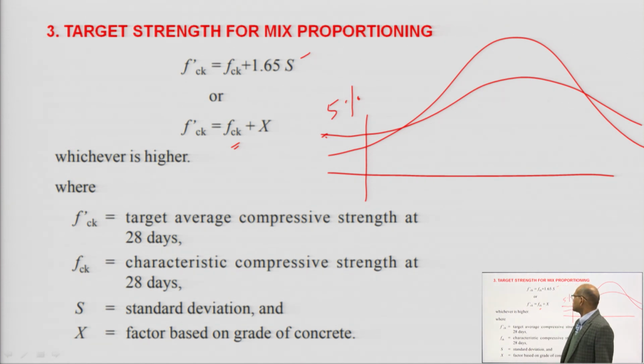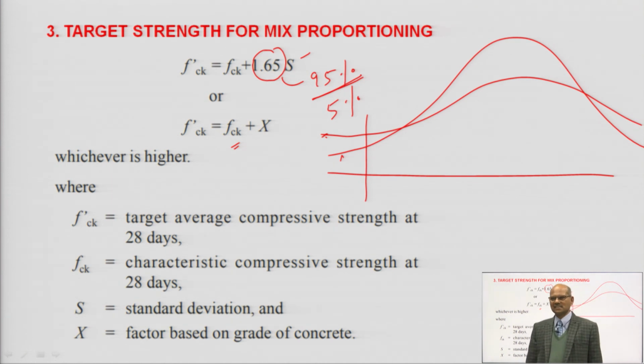Okay. So, this equation you have to follow: f'ck, the mean target strength, is given by fck plus 1.65 into standard deviation. This constant 1.65 is for a 95% confidence limit, meaning 95% of the samples will not fail. To get this standard deviation, at least you have to test 30 samples, and one sample will consist of 3 specimens.